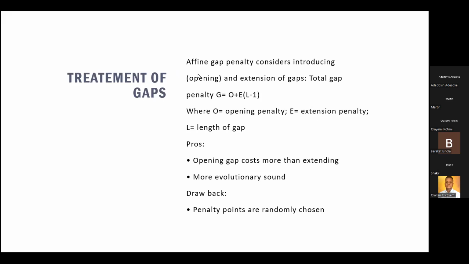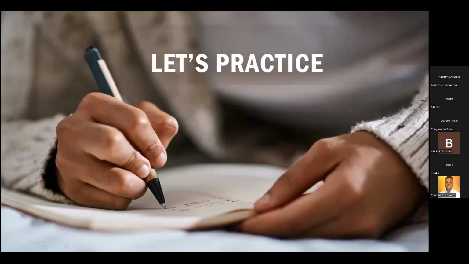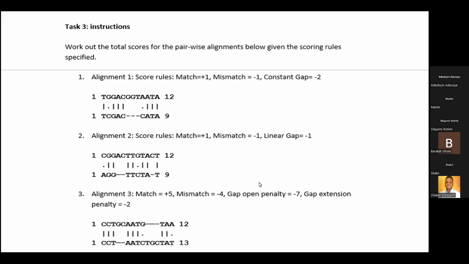This formula is just to calculate the penalty for the gap, but what we are looking for is the total score for the pairwise alignment, which involves the gap, the match, and the mismatch.